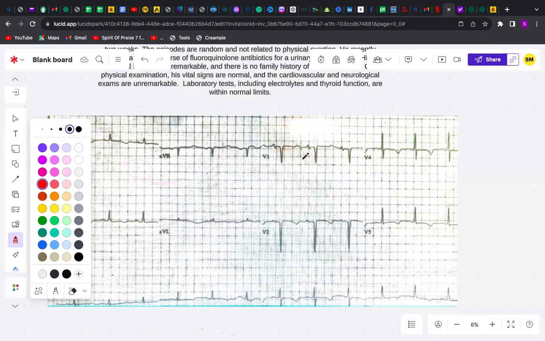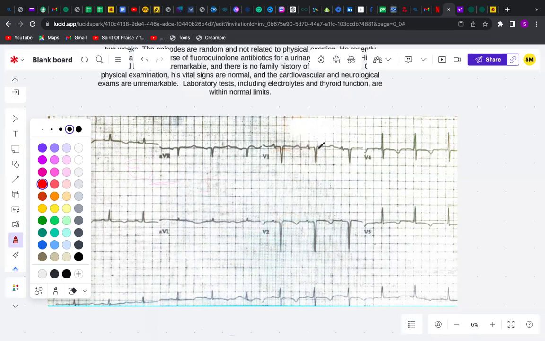Like I said earlier, what you see is very tricky. You should really look at it carefully. When you look at the ST segment here, it is a bit elevated when you draw the isoline.